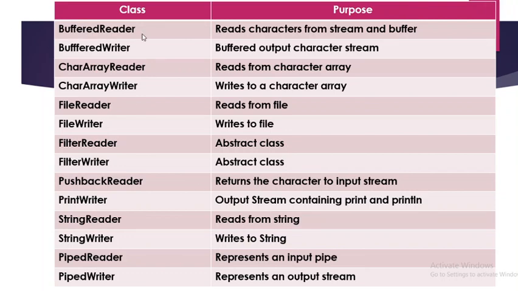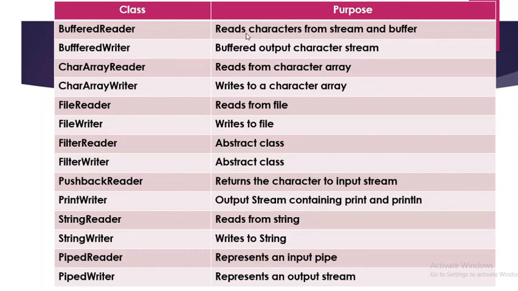BufferedReader. This BufferedReader class is used to read characters from a string and buffer. That means whatever data we are going to read, we will read it from the buffer. Reading is done character by character because all of these classes are under the character oriented hierarchy.